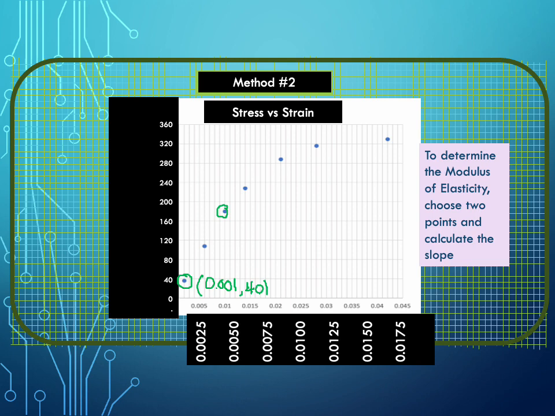And here this looks to be at 0.01, and the stress level is pretty close to halfway between 160 and 200. We'll call it 180.